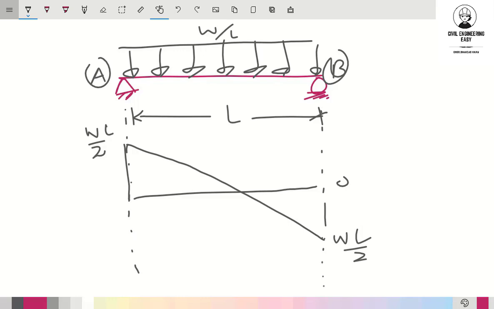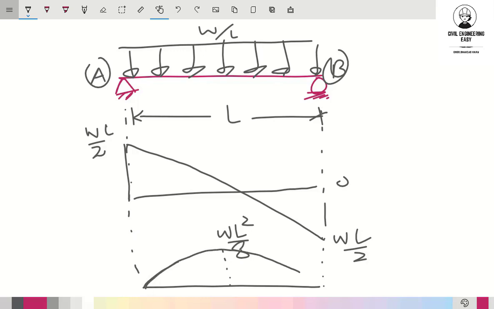Similarly, the bending moment at the mid-span was maximum, and the value of that bending moment was WL square divided by 8, and the bending moment line was a second degree curve. The bending moment at point A was 0 and at point C is equal to 0.